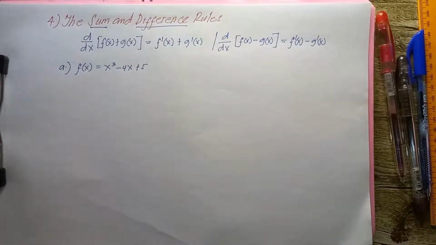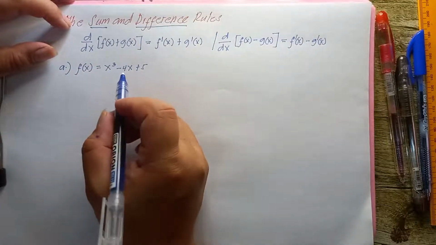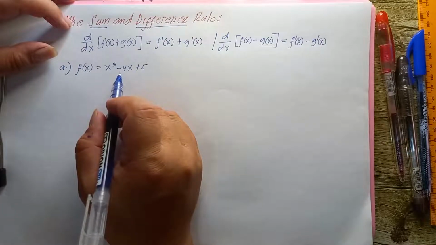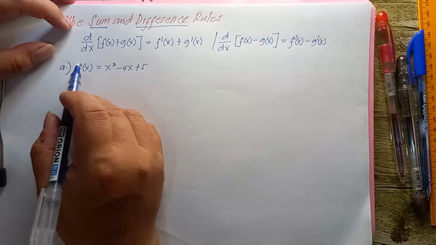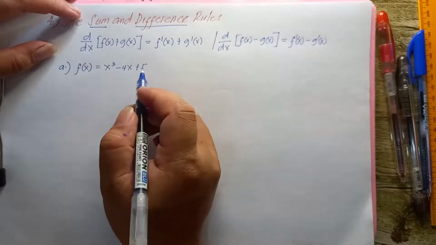Now to get the derivative, we get the derivative of individual terms. I repeat, what is the derivative of the function f of x is equal to x cubed minus 4x plus 5?